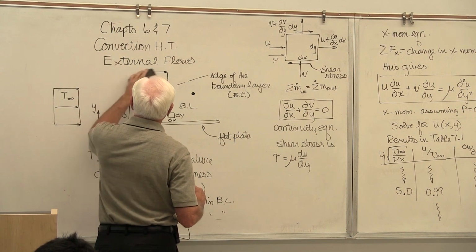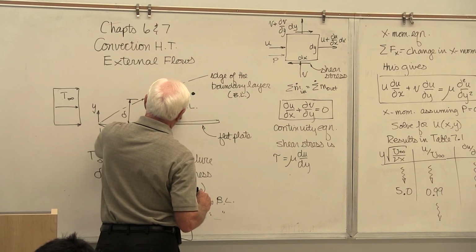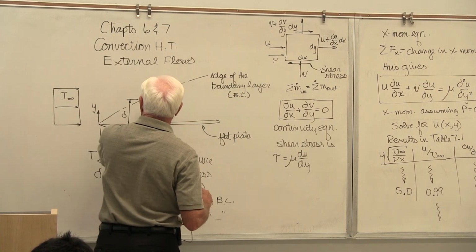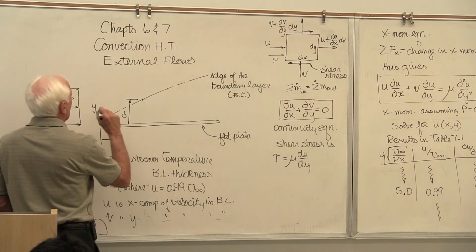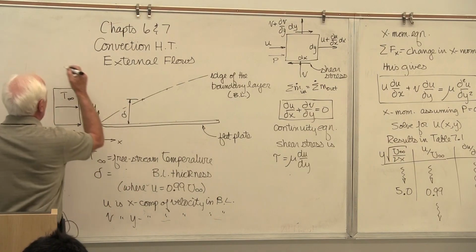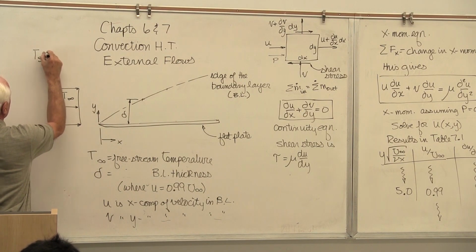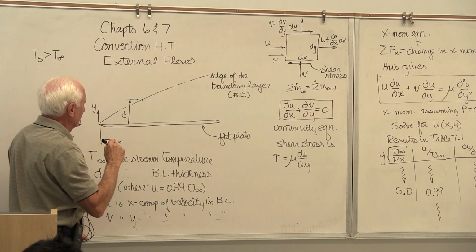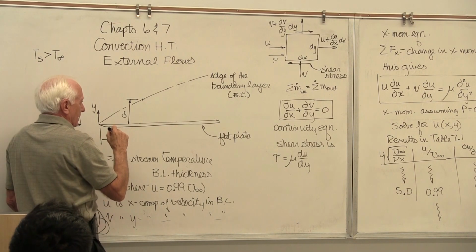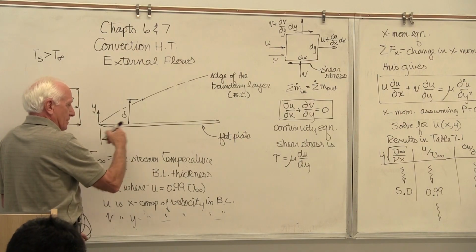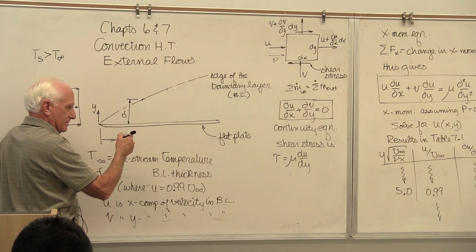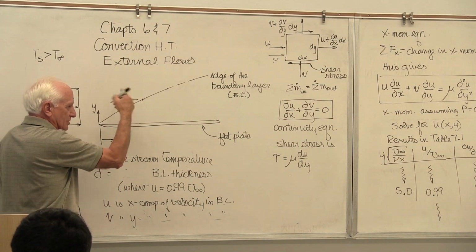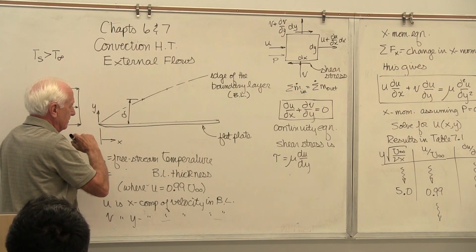Here is what happens. Just for the sake of argument, I'm going to say Ts is greater than T infinity. The plate's hot, the fluid's cold. The plate temperature never changes with x. It's a constant, Ts. T infinity is outside, far away from the plate.